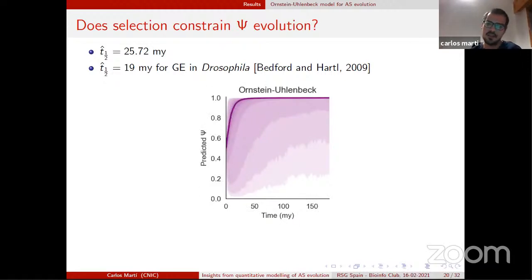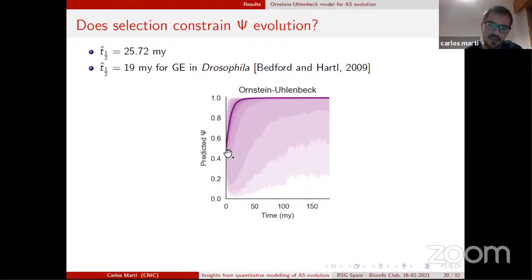To better understand the implications of this specific value, again, I made some simulations in which now I took an exon with an ancestral value of 0.5, but an optimal inclusion rate of about 1.